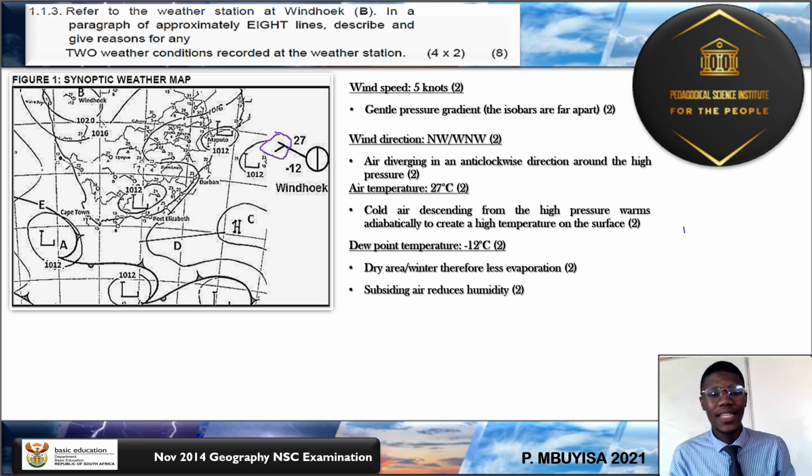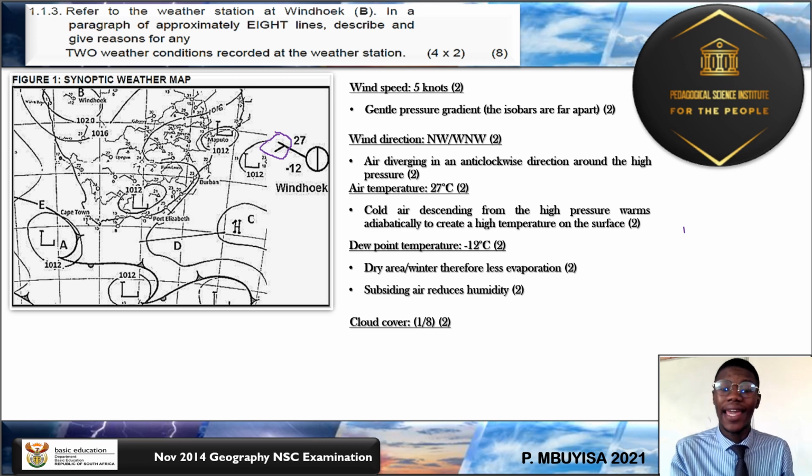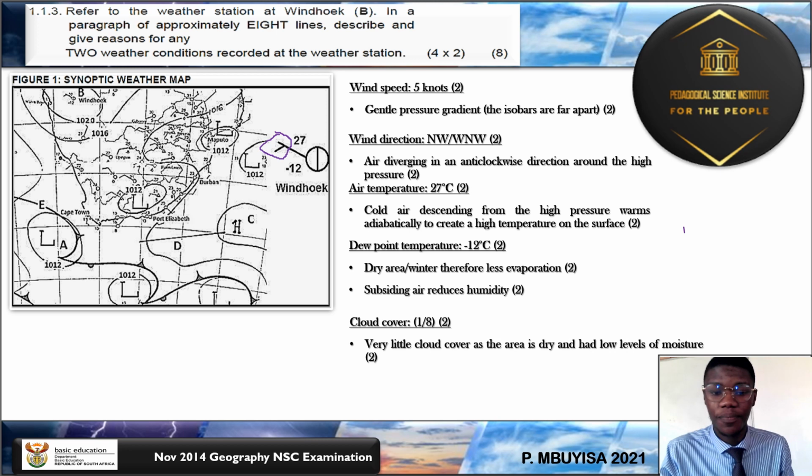And the dew point temperature is negative 12 degrees Celsius. So since this is winter, there is less evaporation. So as a result, we'll have subsiding air, more subsiding air, and this reduces the relative humidity of the area, and as a result, you'll have that. The cloud cover is 1/8, so that line stands for 1/8.